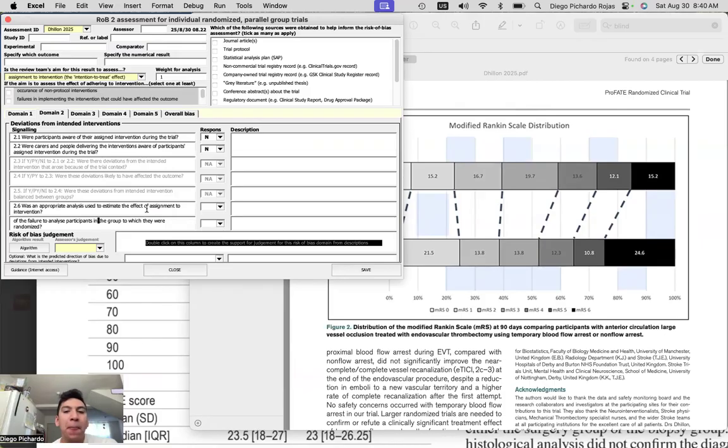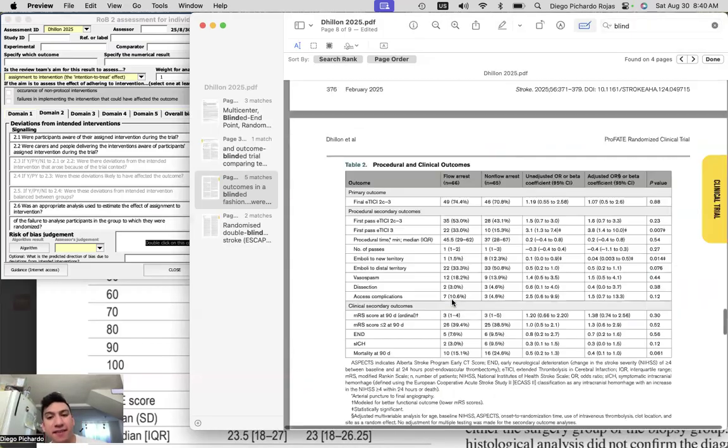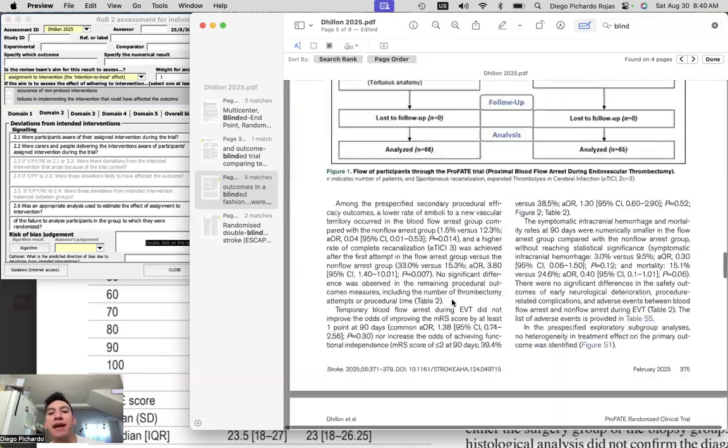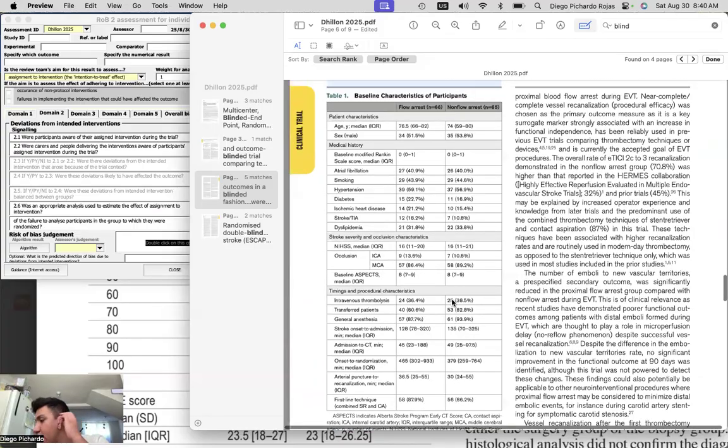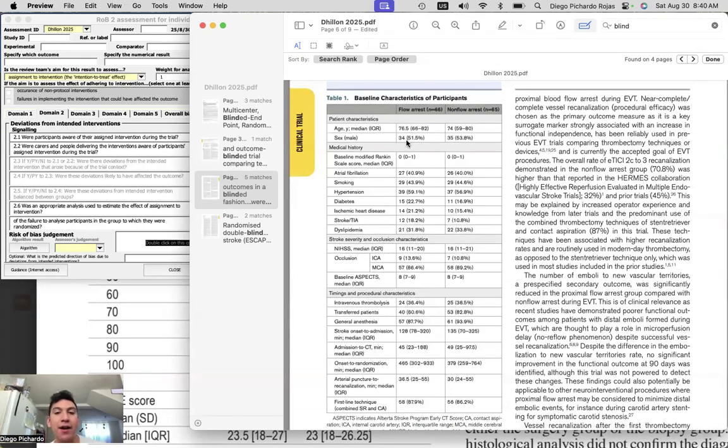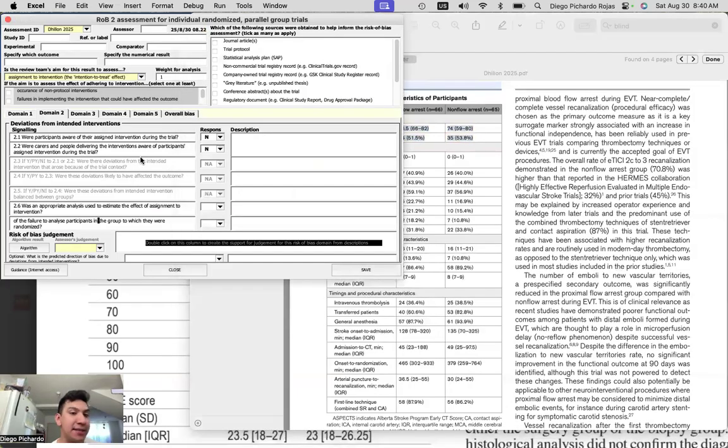However, in this case, it's pretty much the same thing as the original question: could the allocation have influenced the outcome?